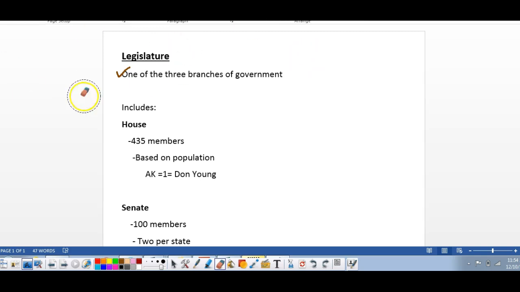So this is one of the three branches, the legislature, and it includes the House and the Senate, and this is bicameral, right? So you have two. If you remember, originally the Articles of Confederation had just a legislature with one house.